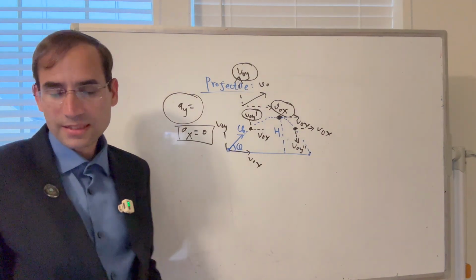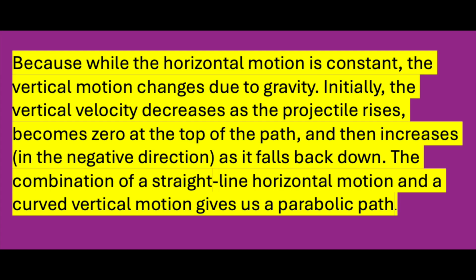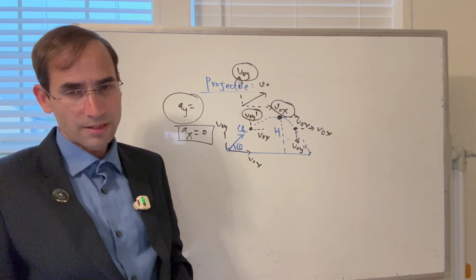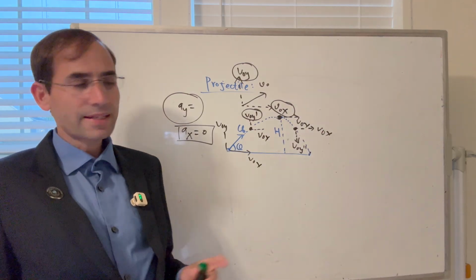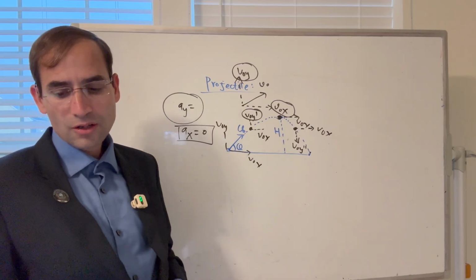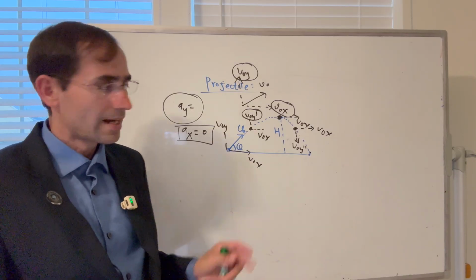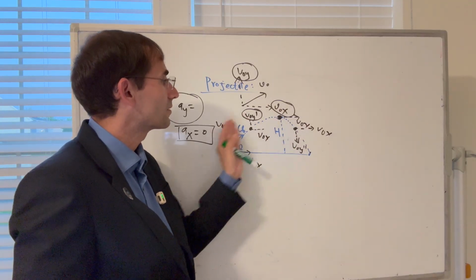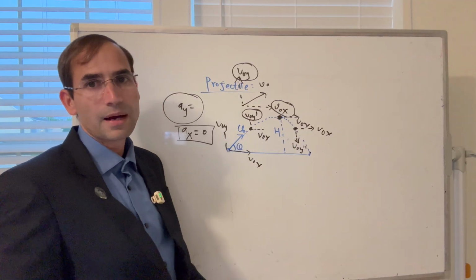Initially the vertical velocity decreases as the projectile rises. Then it becomes 0 at the maximum height in the path, and then increases again in the downward direction as it falls back down. So the combination of the horizontal straight-line motion and the curve in the vertical motion makes the path followed by the projectile parabolic.